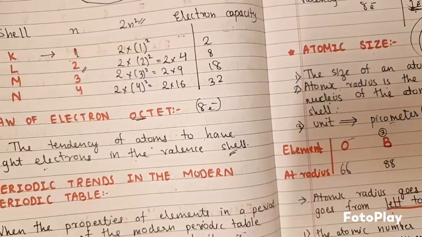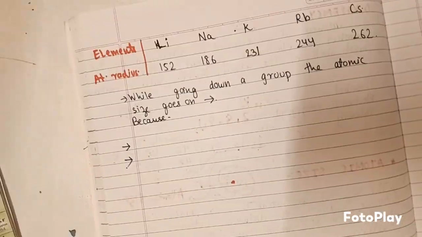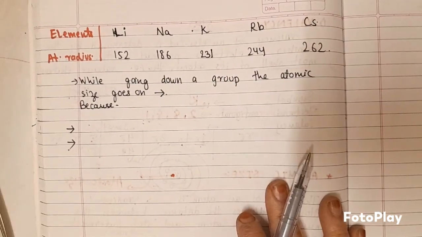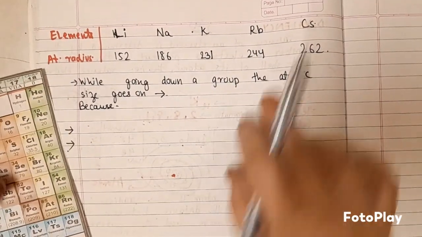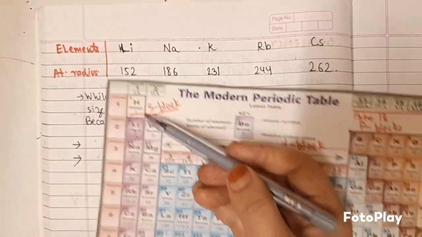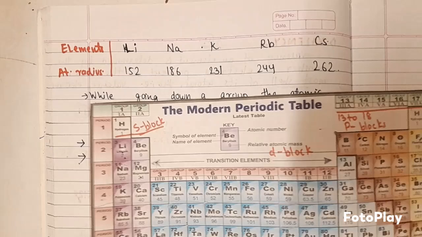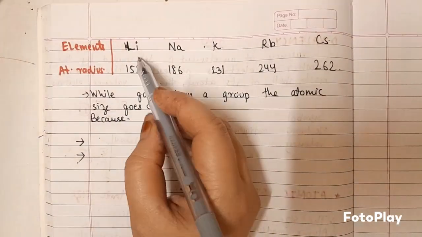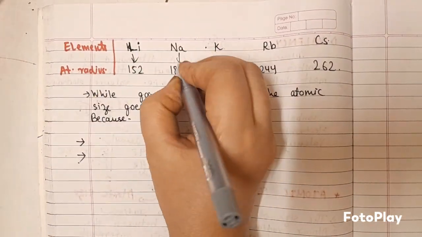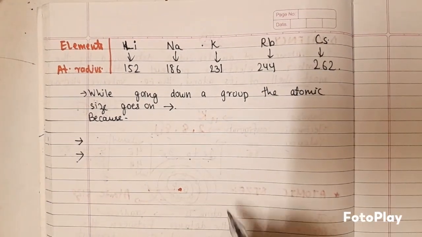Now next we will observe the groups, that is from top to bottom. These are the elements of group 1 from lithium to cesium. I have written the atomic radius of all the elements below.